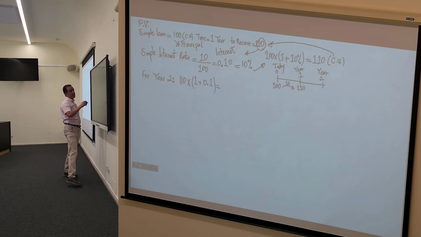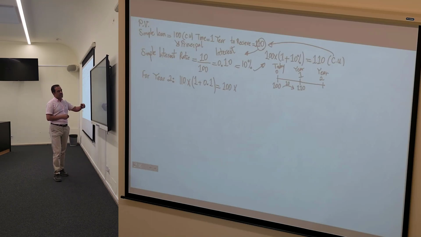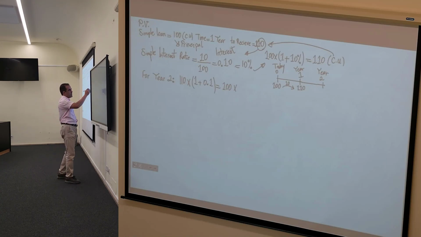So this time, this 110 will be used to calculate the amount that we might have for the next year, okay? So we can say that this 110 was also equal to 100 times 1 plus 10%. So 100 times 1 plus 0.1 and times 1 plus 0.1.